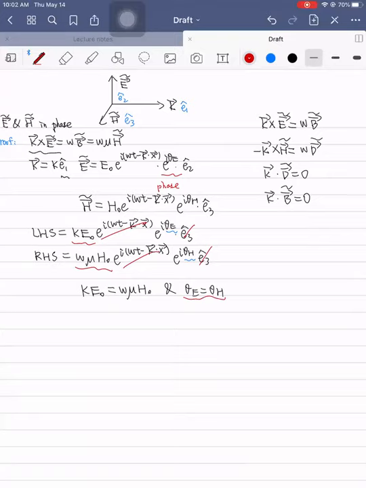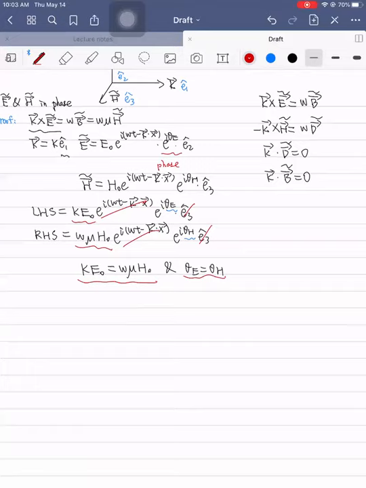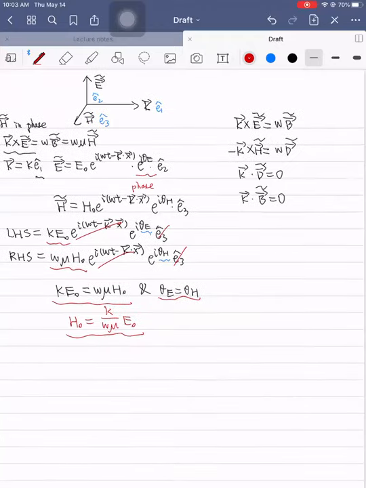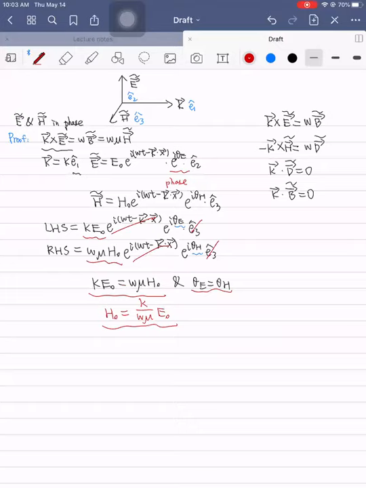And so what does the first equation tell us? We can rewrite it a little bit. Basically, this equation tells us the relation between the amplitudes of E and H. So the amplitudes of E and H cannot be arbitrary numbers; they have to satisfy this relationship.